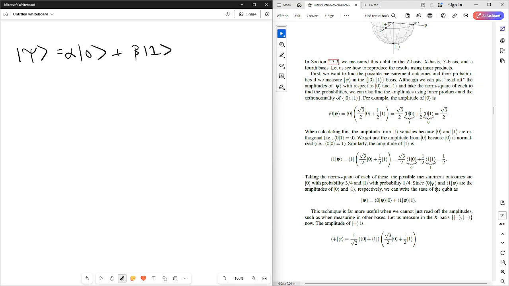We want to know the amplitude. So alpha is just equivalent to the inner product of 0 and psi. Beta is equivalent to the inner product of 1 and psi.